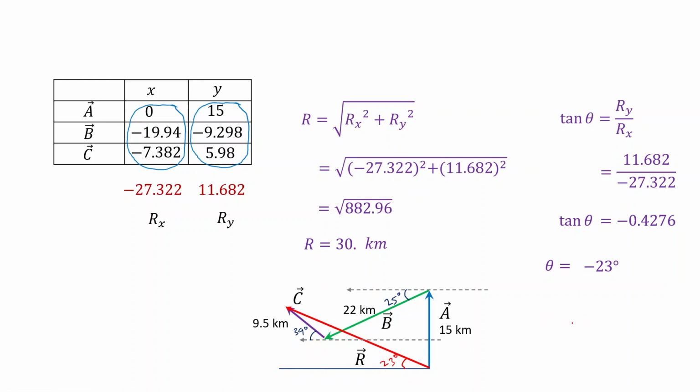So the direction of the car's displacement is 23 degrees north of west. So the answers are, for A, this is the answer, and for B, this is the answer.